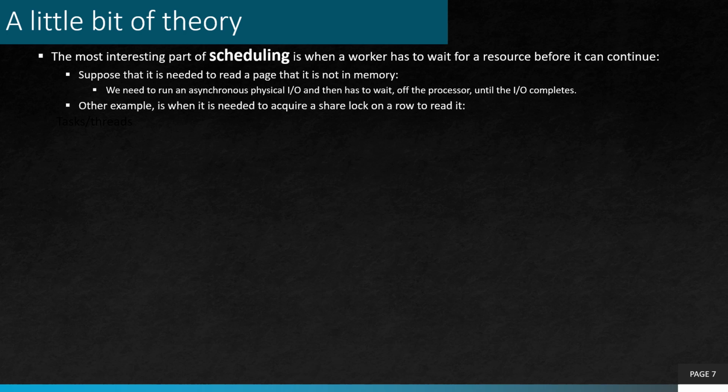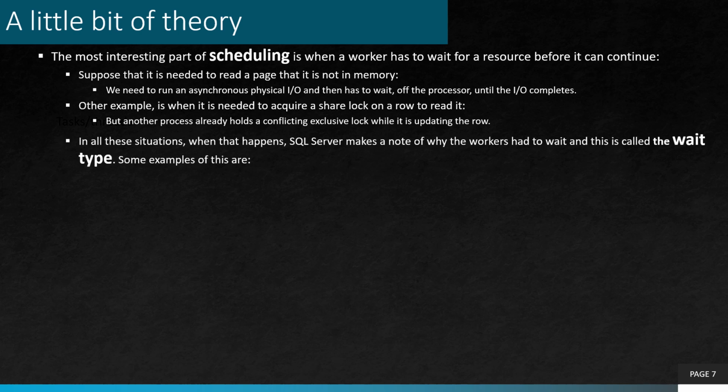Or, for example, a worker needs to acquire a shared lock in order to read the data, but another process already holds an exclusive lock. All these kinds of things are the wait stats.